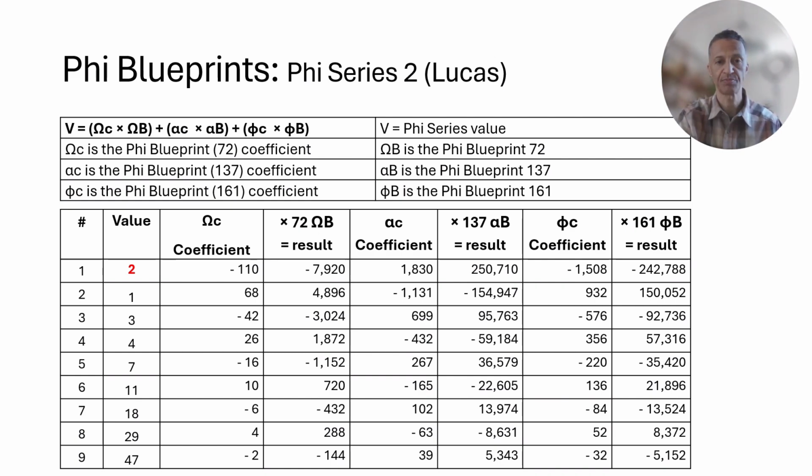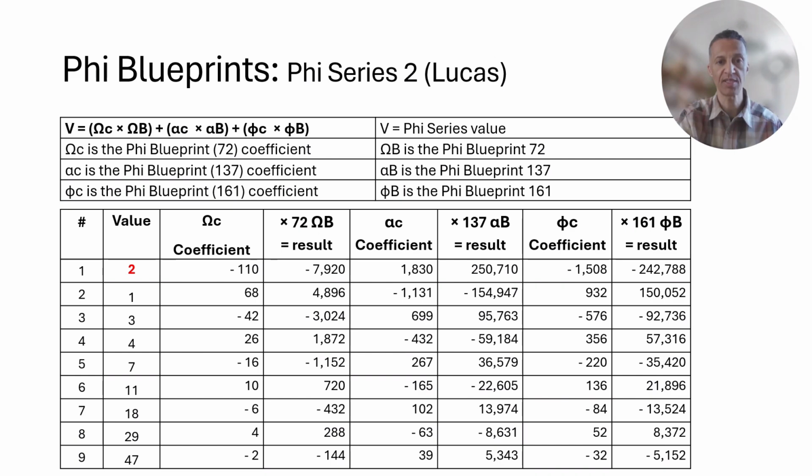And one thing you'll notice is that these coefficients, whether they're the coefficients for the 72, the 137, or the 161, all follow the pattern that a number is the sum of the two previous numbers. So if we look at the coefficient for 72, that's minus 110 right at the top.